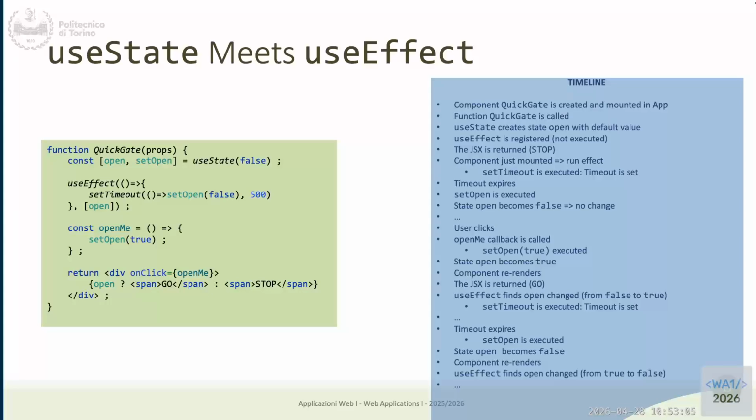So the callback, of course, will execute, and will set another timeout that in 500 milliseconds will close again the gate that is already closed. Right? So we are scheduling the action close the gate whenever the gate is just opened by the action of the user, but also when the gate is closed by the effect itself.